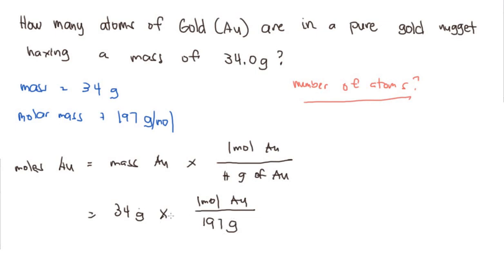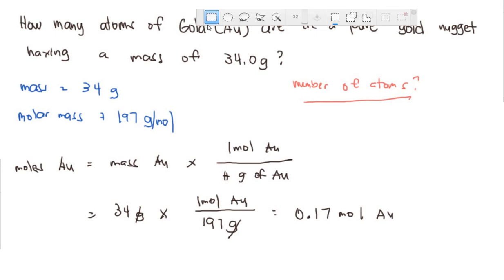Next is to cancel the unit gram, and then we have 34 times 1 divided by 197, which is equivalent to 0.17 mole of Au.